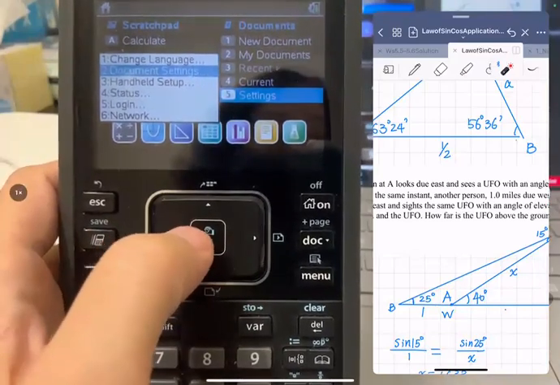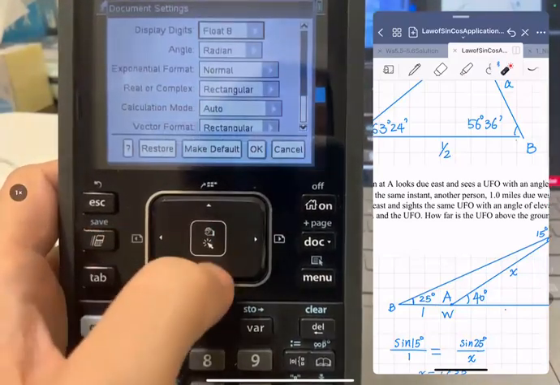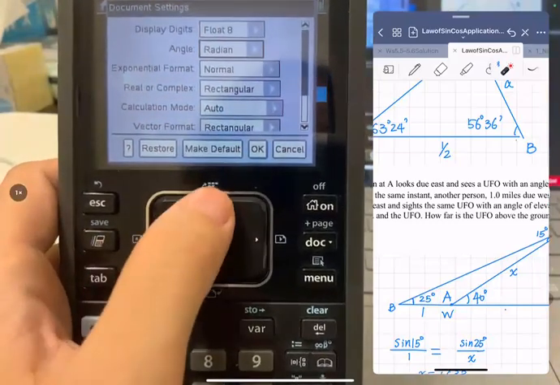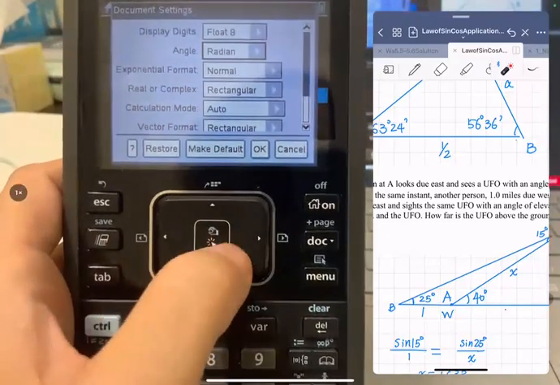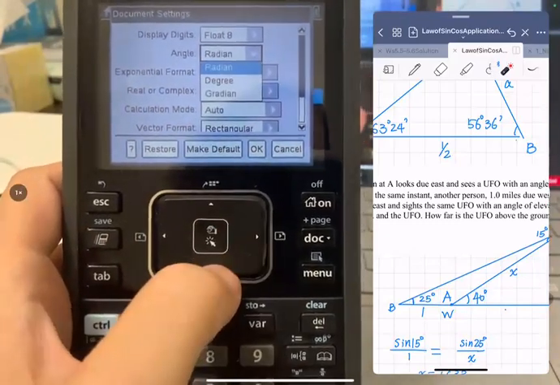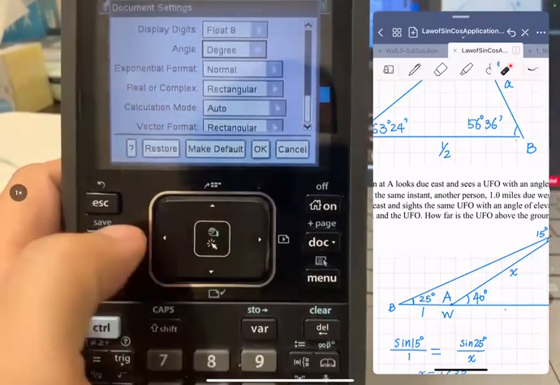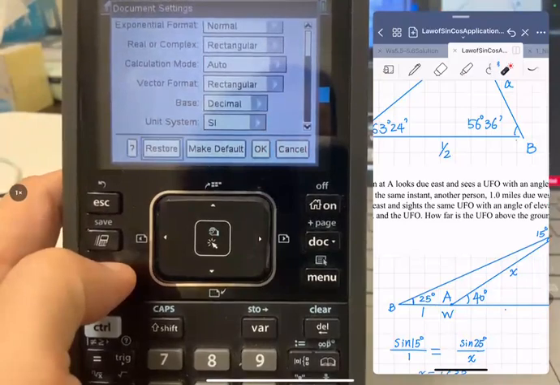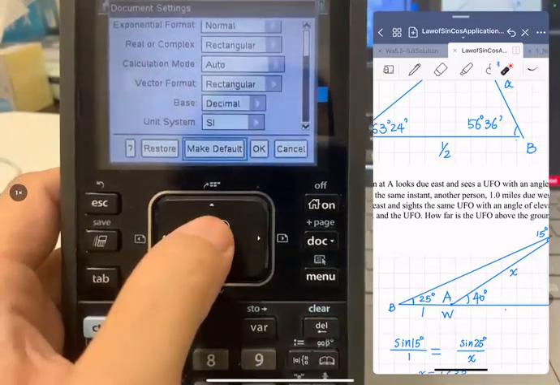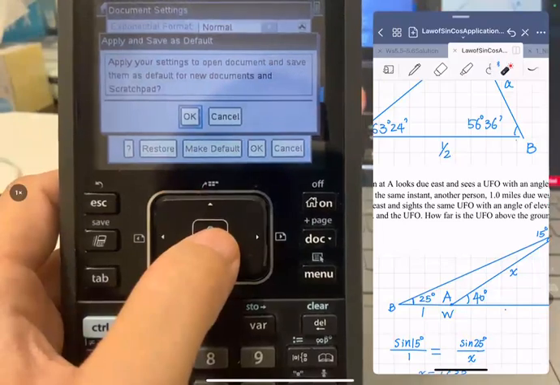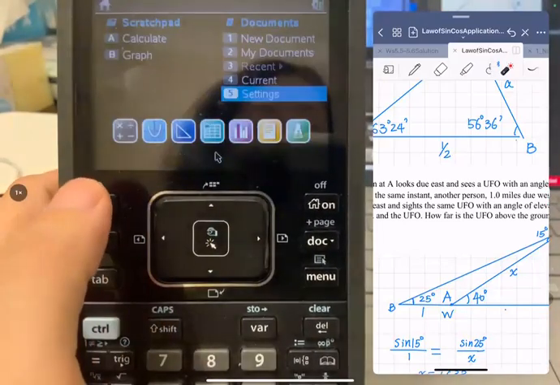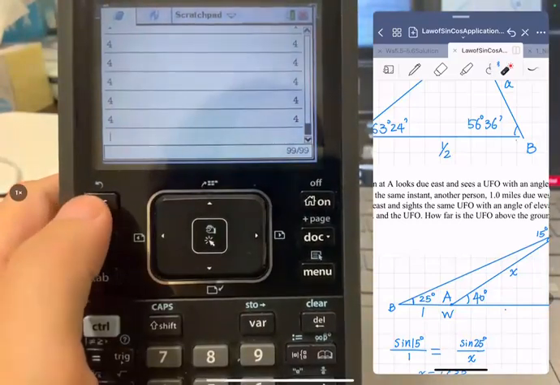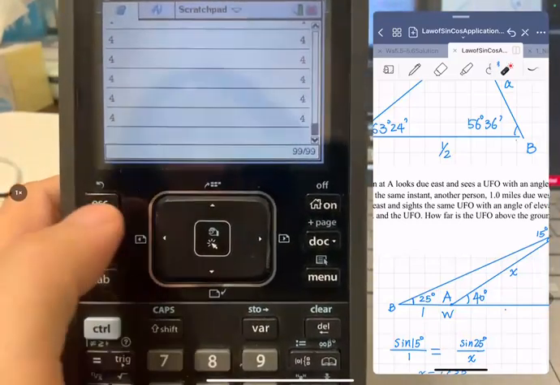You do the document settings, and you see here, you use this to scroll up or scroll down. This angle, you change this here to be degree, and then you use a tab, and then you click make default, and then you click OK. If you do that, this calculator becomes the degree mode.